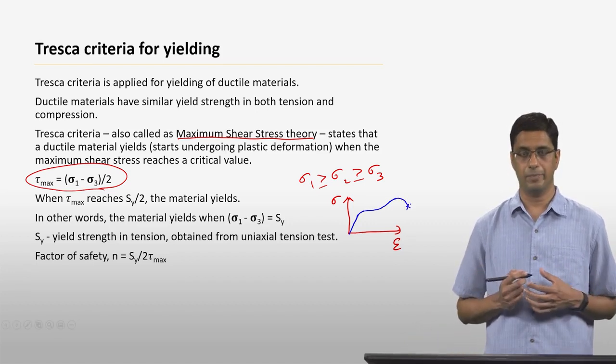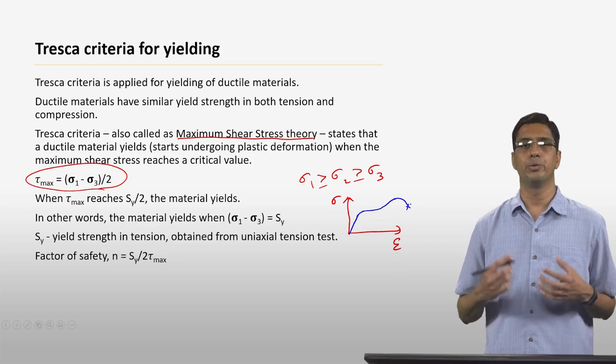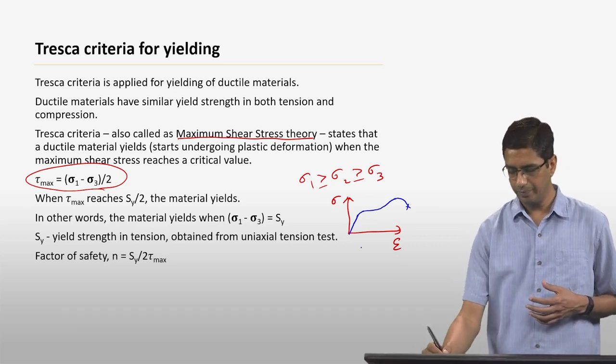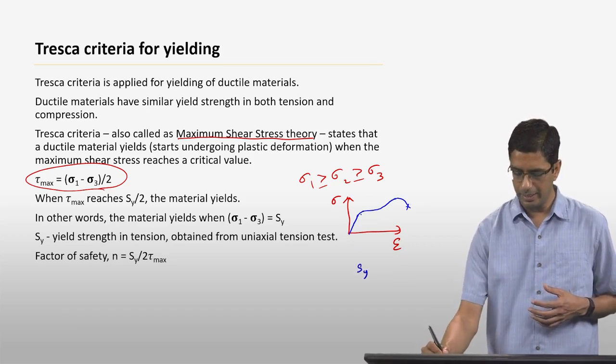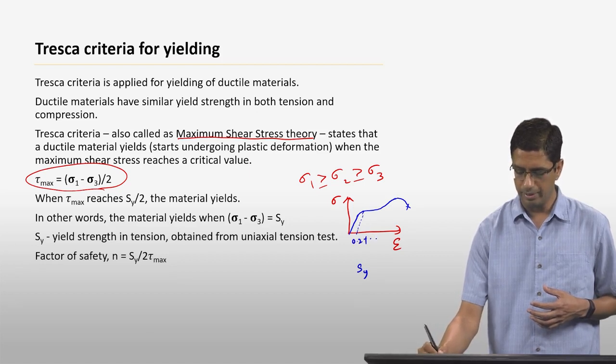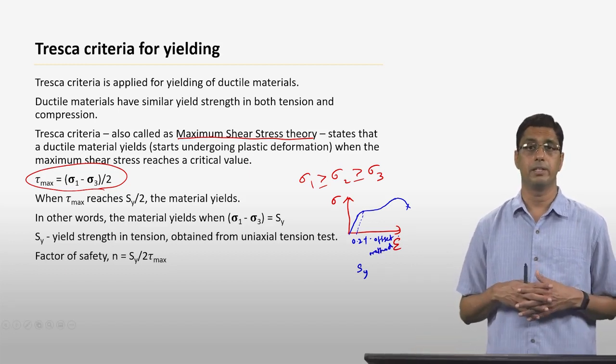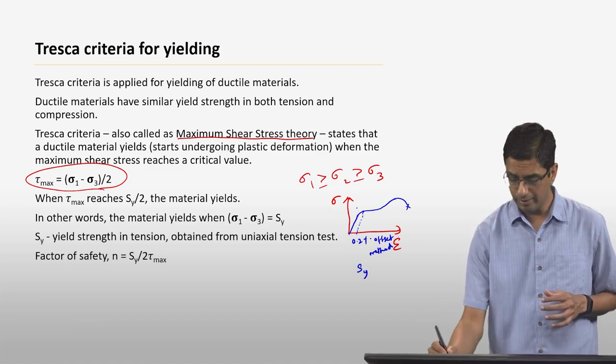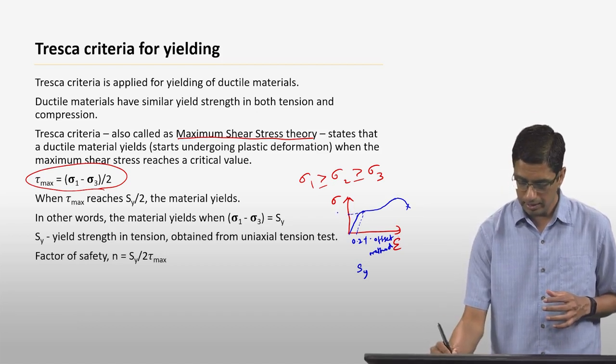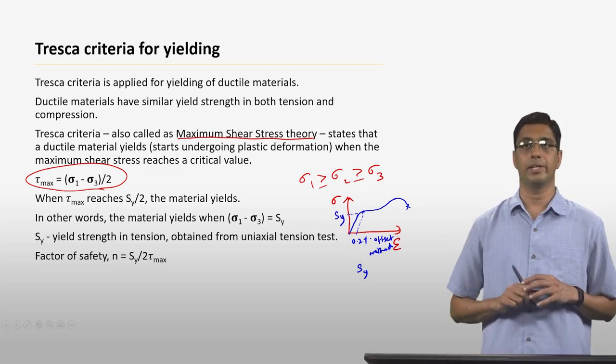That is the stress strain curve. And typically the way you define the yield strength, Sy, is by the 0.2% offset method. This is something that you should have learned in your solid mechanics class. So this value here, the yield strength, is what this Sy is.